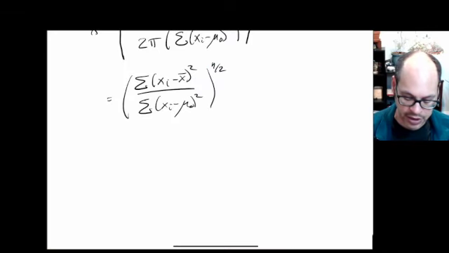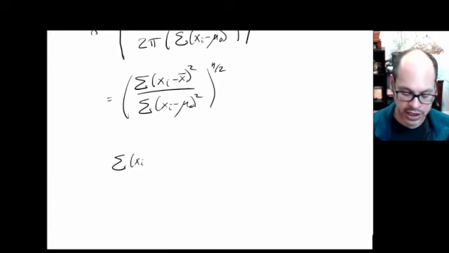There's a handy formula that comes up a bit when you're playing with these things. There are a few different ways to express it.